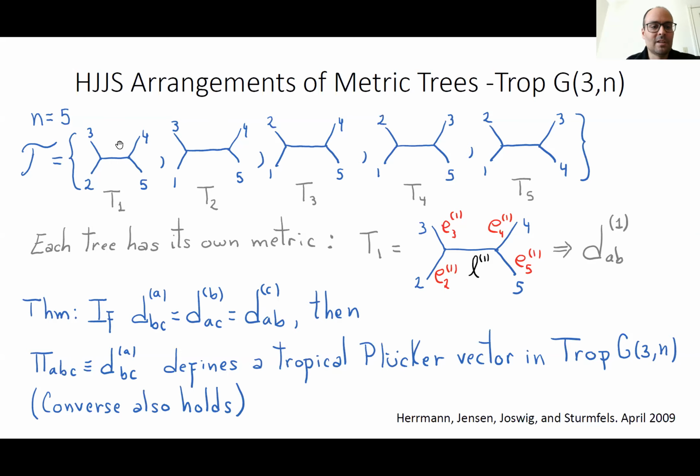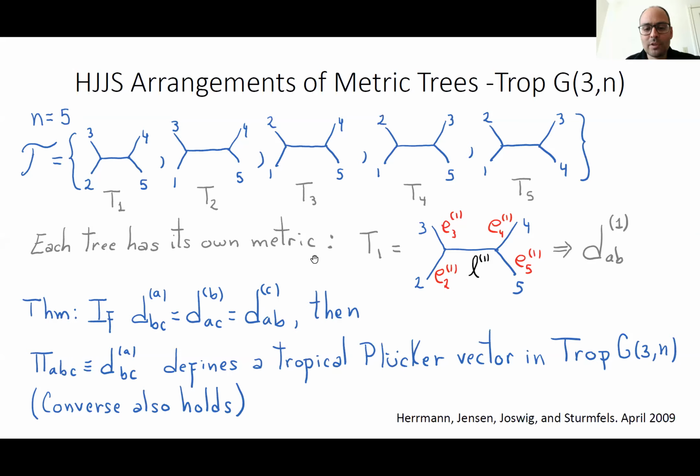You can see clearly here that the first tree doesn't contain the label 1, the fourth tree doesn't contain the label 4. Now, each tree has its own metric. Everything is its own, even the length of the external edges. So we denote that by saying that there is a superindex i.